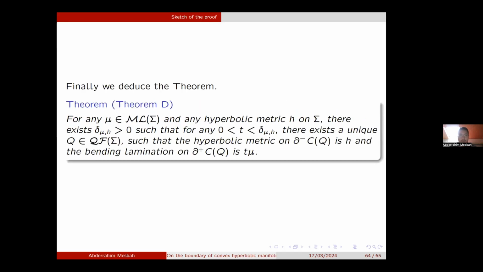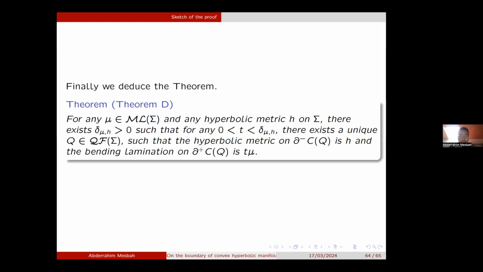What we can see is that if the bending lamination is small enough, then it's sure that we are in this neighborhood, because when the bending converges to 0, the quasi-Fuchsian manifold converges to something Fuchsian.